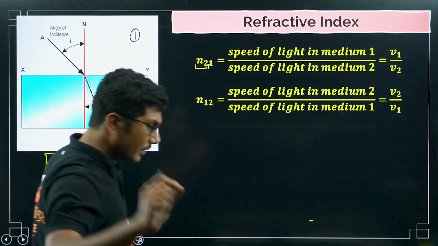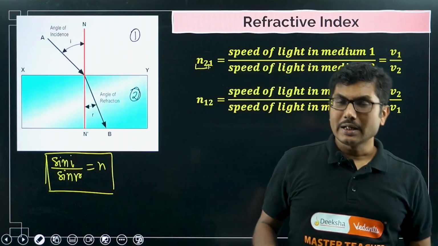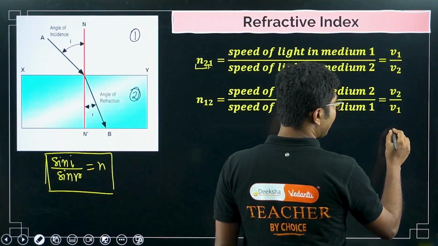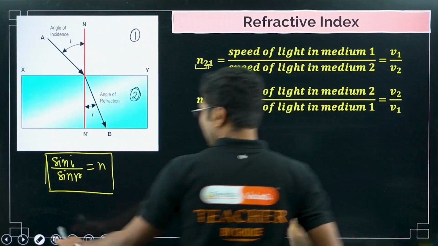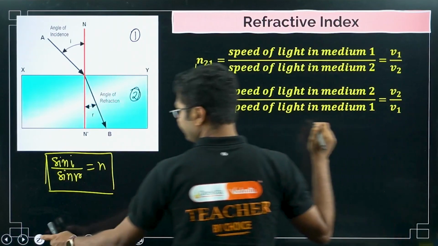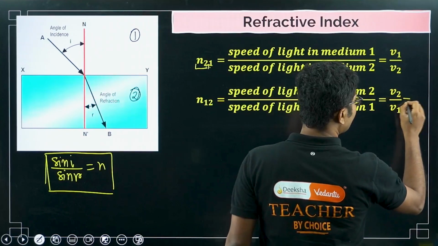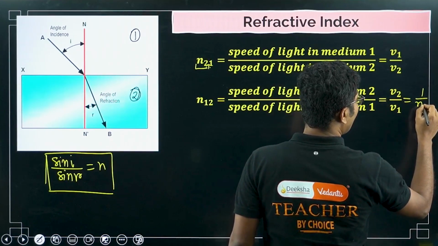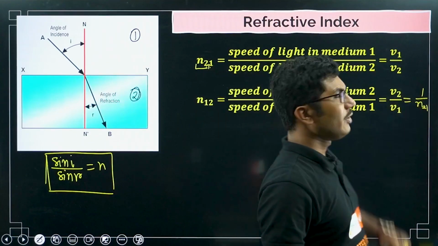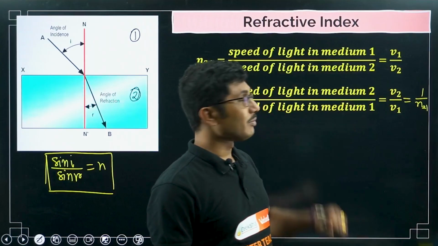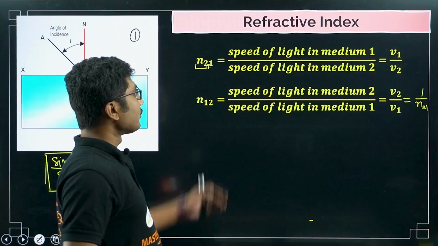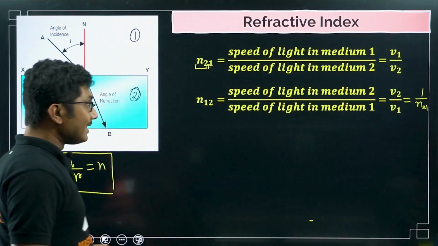There will be some numerical and objective questions based on this, but you just need to remember that if the refractive index with respect to one medium is x, then the reverse will be 1 by x. So n12 is basically the inverse of n21, the reciprocal of n21. This is the easiest way to remember.